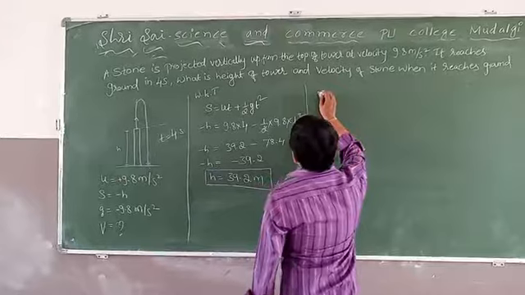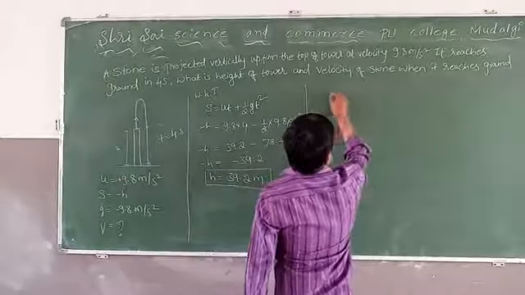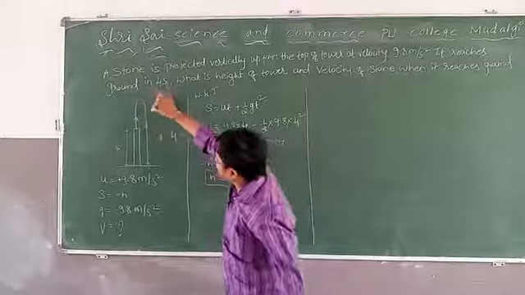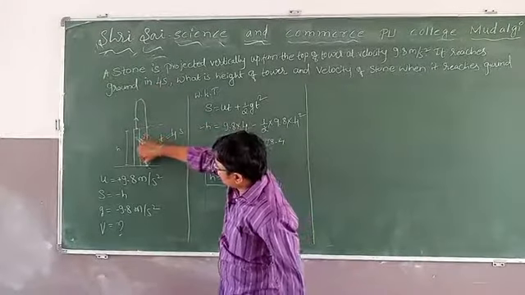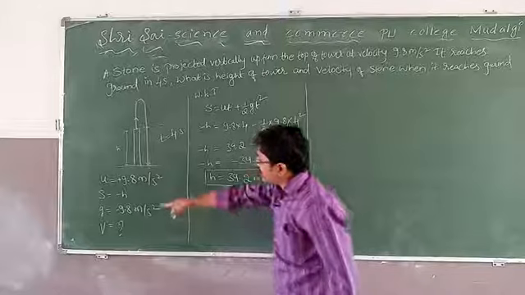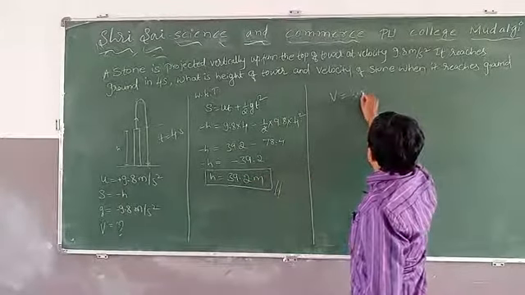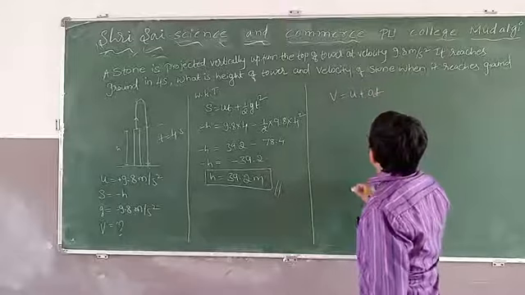One case. Second case, velocity of the stone when it reaches the ground. After traveling this much distance, when it reaches the ground, at that time what is the velocity? That is the final velocity. Final velocity v is equal to u plus at.